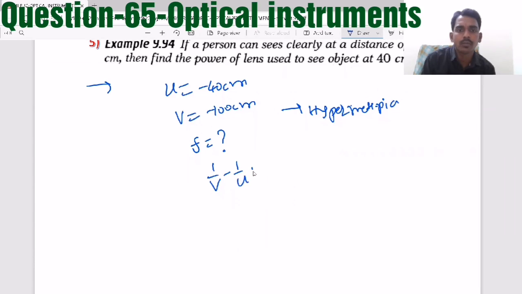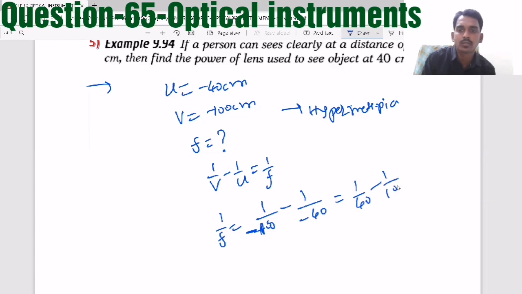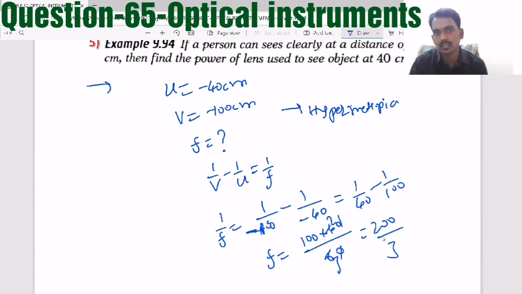So then you will take the formula 1 by v minus 1 by u equal to 1 by f. So 1 by v is minus 100, minus 1 by minus 40. So it is nothing but 1 by 40 minus 1 by 100. So f value is 100 into 40 by 100 minus 40, 60. 2 to the 2 3s are. So 200 by 3.